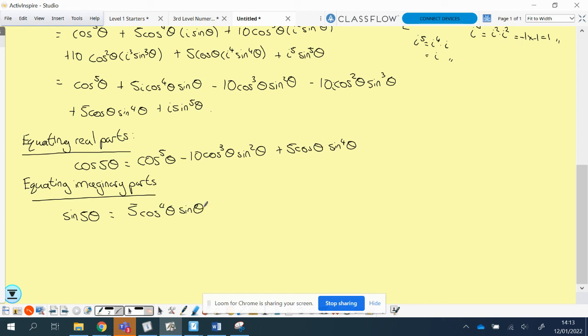The fourth term did, because it was negative 10i, so it would be minus 10 cos squared theta sine cubed theta. And then the last term was i sine 5 theta, so plus sine 5 theta. Okay, and that's me managed to get an expansion for both cos 5 theta and sine 5 theta there. Okay, any questions on that?